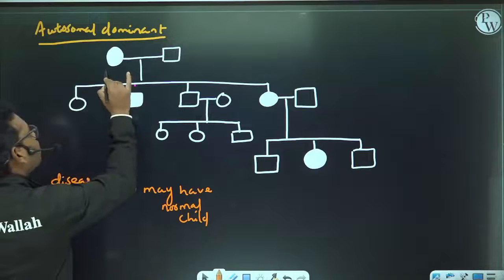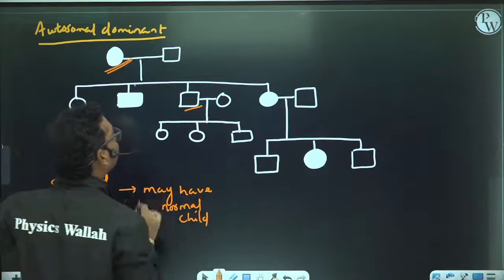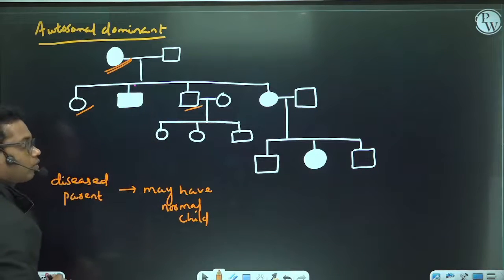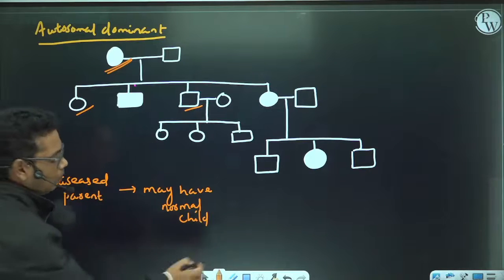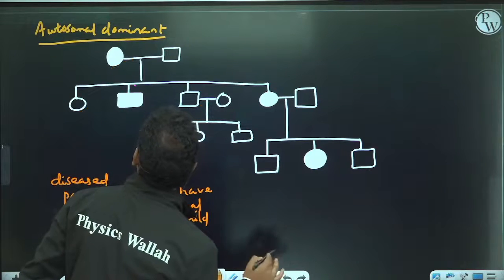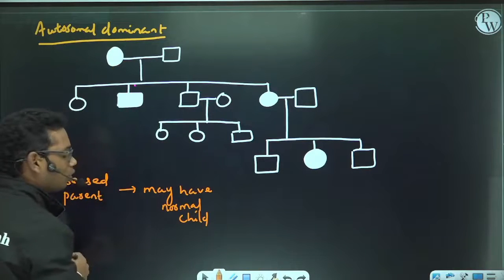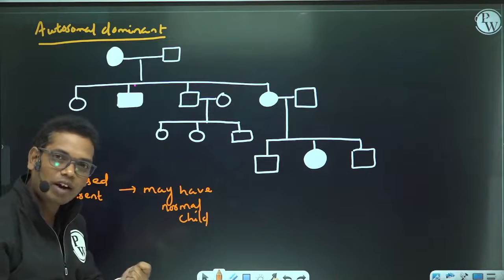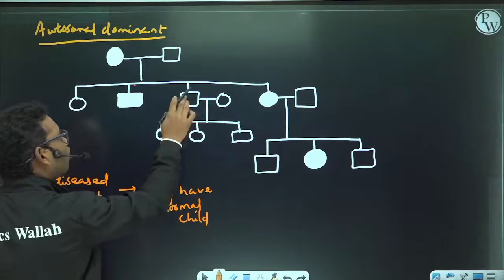So this is the affected parent and this is the normal child. An affected child is there, but a normal child is also there, so I can say that is an autosomal dominant disorder. The affected individual can be homozygous or heterozygous, because in this case the normal one is also present.